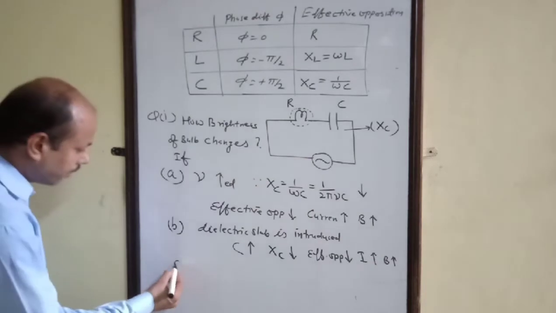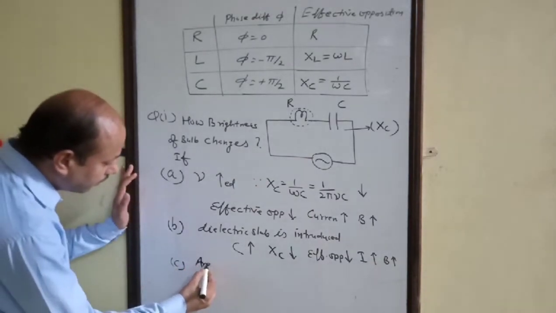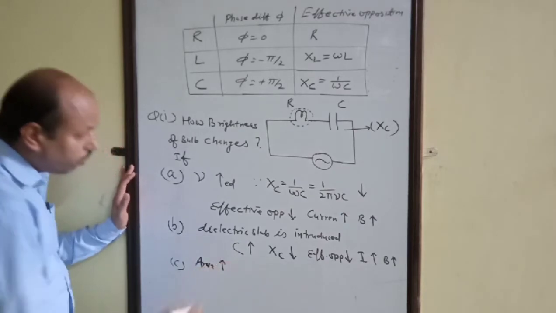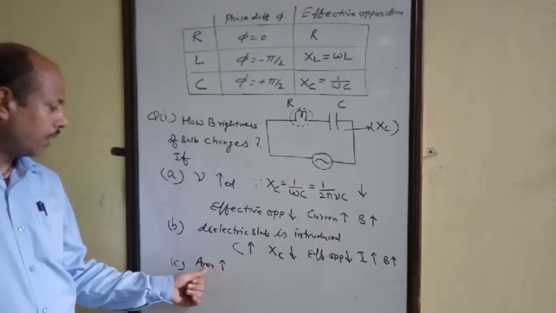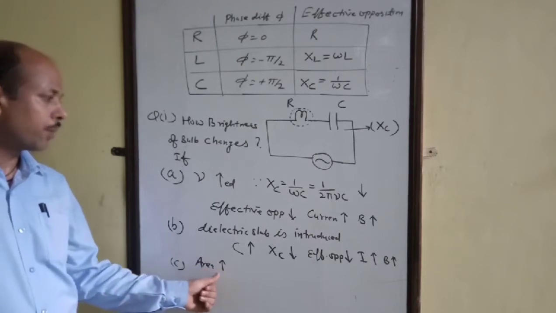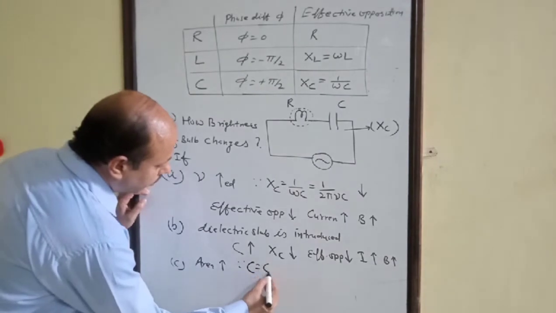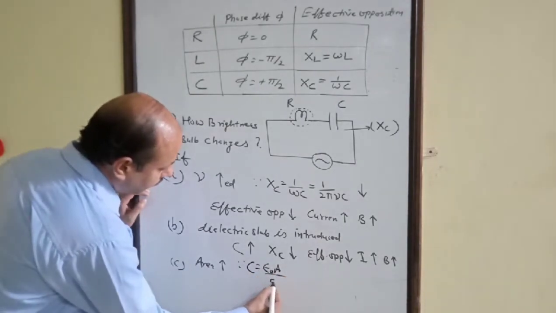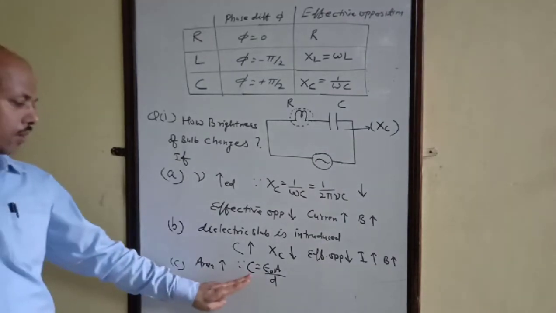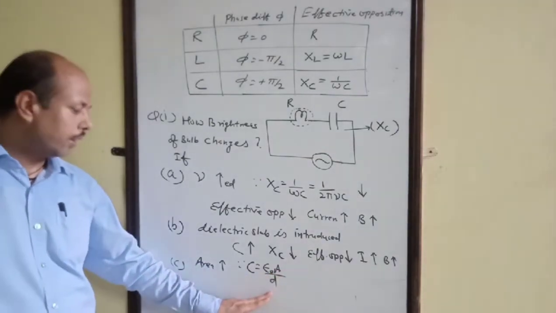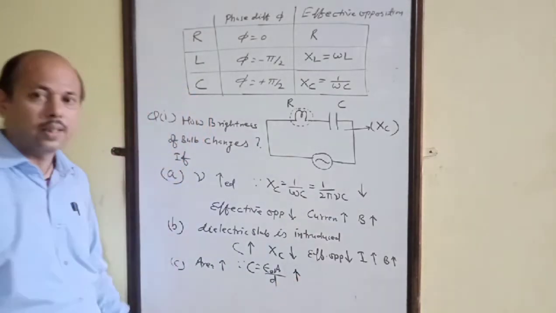C part, we can say, if the area of the plates of the capacitor increases, since C equals epsilon naught A by d, area increases, therefore C will also increase.